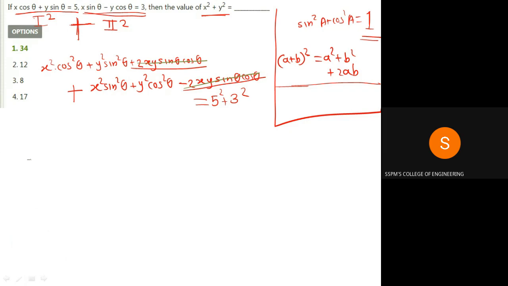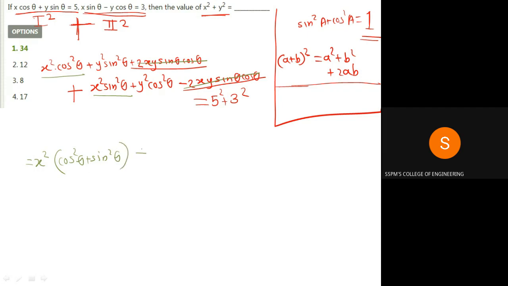Okay. Next step. Now you see in this first expression x square cos square theta plus y square sin square theta, and here also you see x square cos square, x square sin square. Now we will take x square in common. So what remains in the bracket? Cos square theta plus sin square theta.